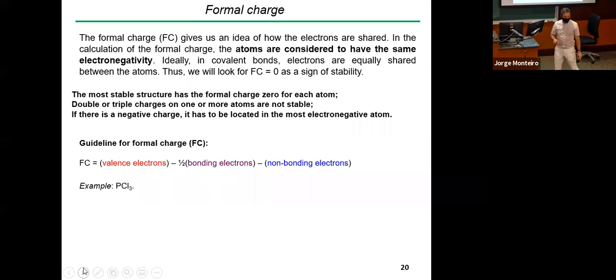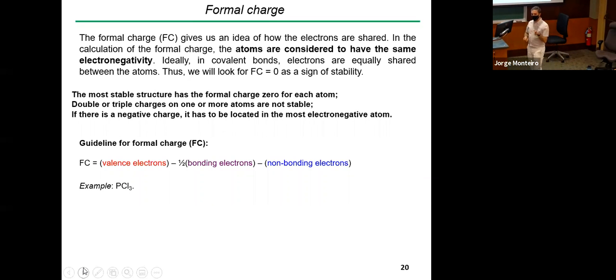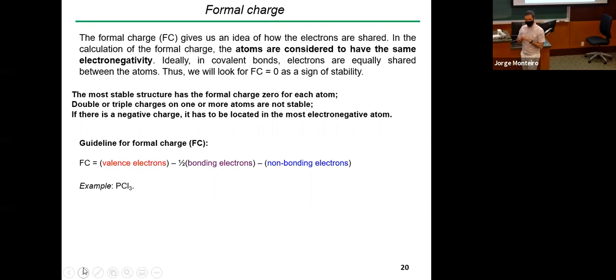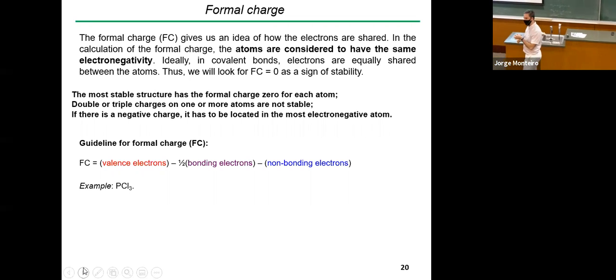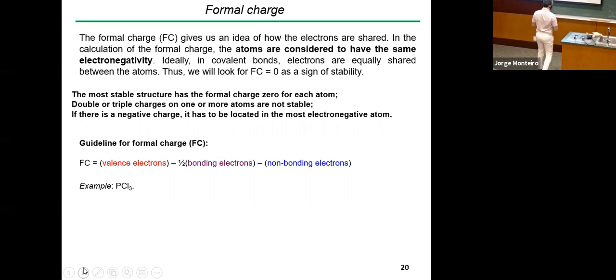Okay, very good. So now notice that we have 2 kinds of oxygen in the structure, one making a double bond and one making a single bond.